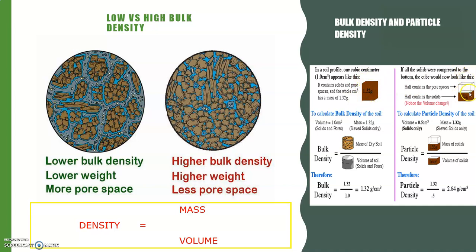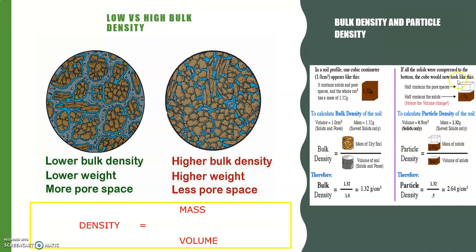Once you compress, you remove the macropores and micropores. So when we do the calculation of density, we want to show the particle density. This shows which soil contains high density and which has a lot more spaces. For sure, from the picture itself, you will know this has a lot of pore spaces, this has less pore spaces. When you have more pore spaces like this, this is low bulk density. This is very high bulk density.